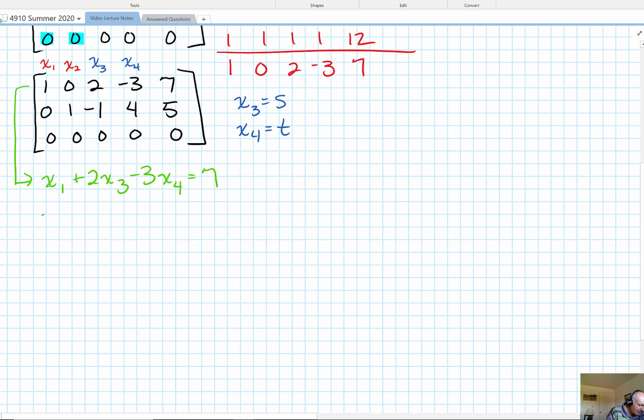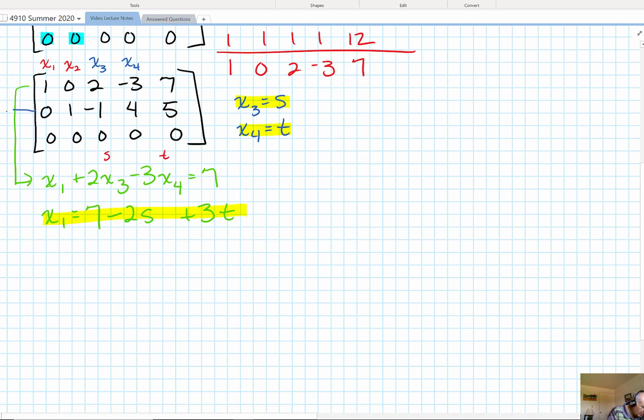So if I solve for x sub 1 and substitute in what x sub 3 is, x sub 3 is s and x sub 4 is t, then here is the expression for x sub 1. 7 minus 2x sub 3 plus 3x sub 4. Why don't I make the substitution you're asking? Good question. Minus 2s plus 3t. Okay, so we want to keep track of that. And that was from the first equation.